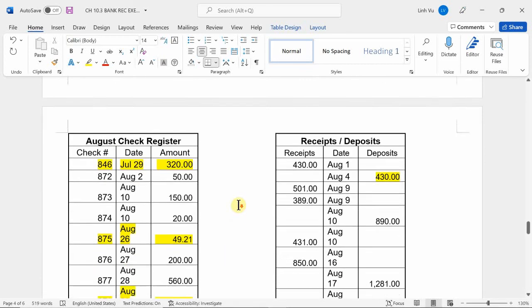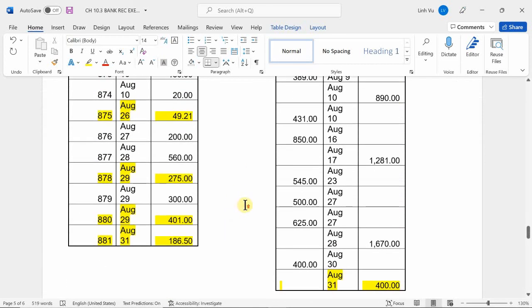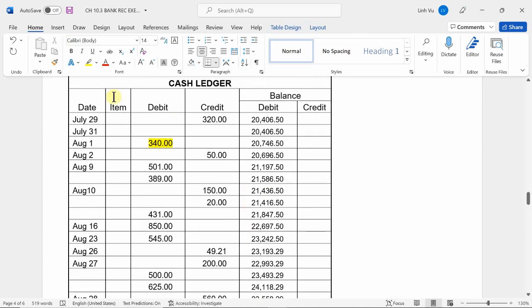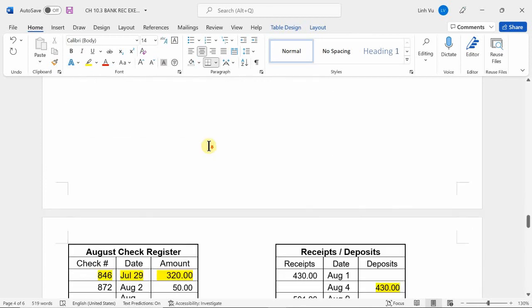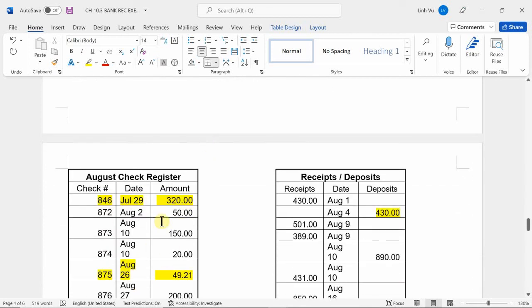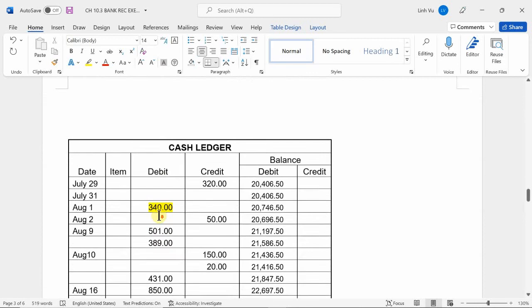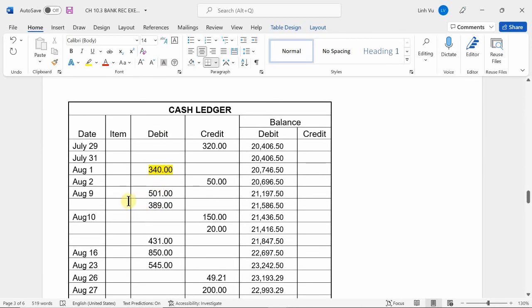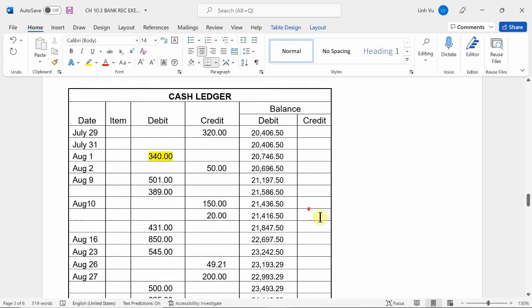So then now let's keep going, because we just don't stop there. Did we write a check out for $50? Yes, we did. Next, did we deposit 501 and then $389?